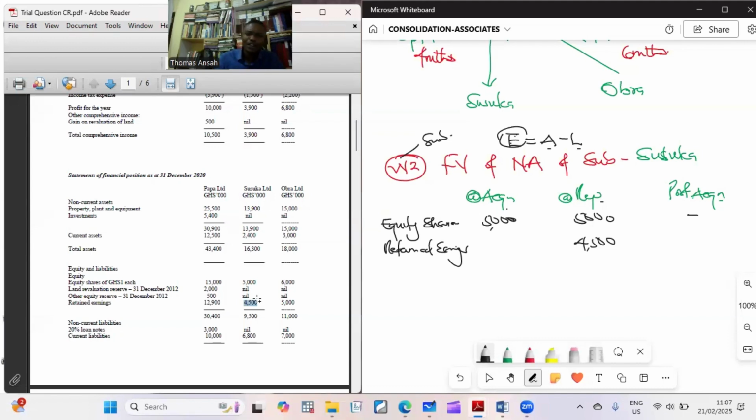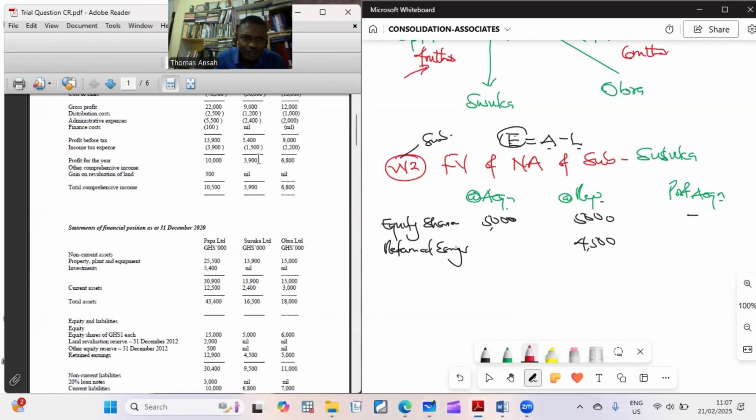And I've told you that whenever you have a question where this is mid-year, between the periods, not 1 year, 2 years is there, it means you must start from this side. So it tells you that you can see your post-acquisition. Now, the figure here is 3,900.